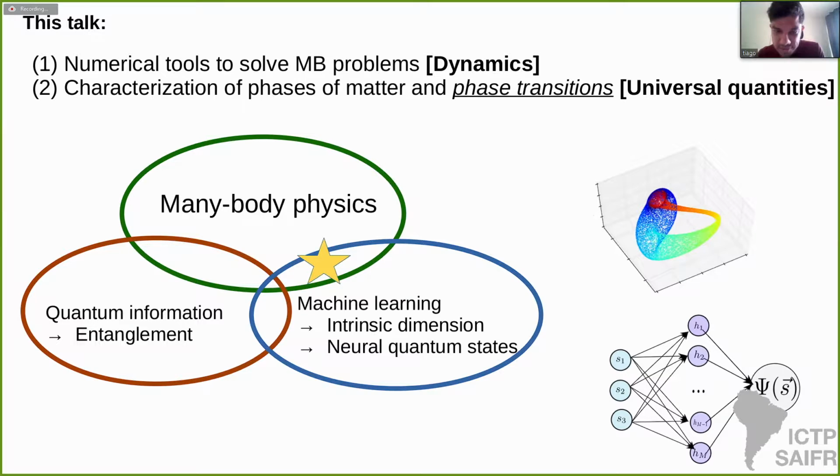The basic idea is to try to extract universal quantities from raw physical data sets. In the second part of the talk, I will discuss a recent many-body quantum state ansatz called neural quantum states. More specifically, I focus on studying dynamics of many-body systems using this approach.